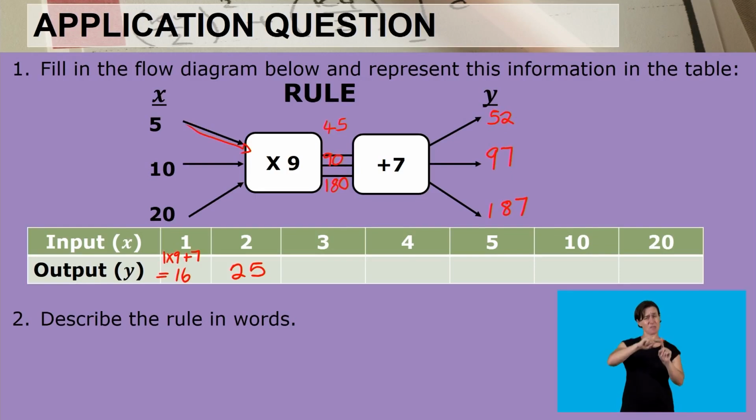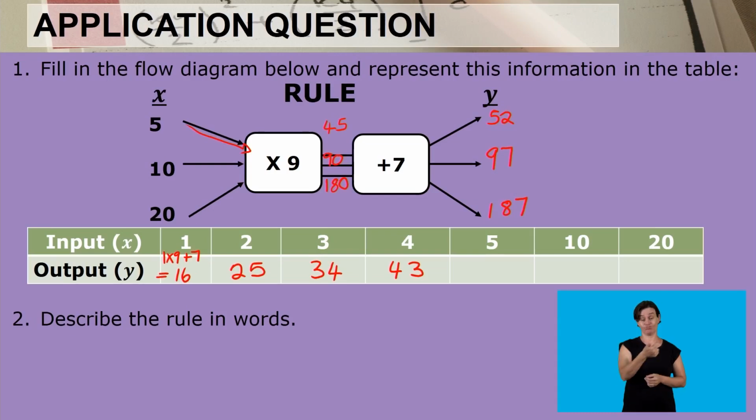And when we add 7 onto that, our answer is a 34. Then we are going to multiply the 4 as our input value by 9. Well, 4 multiplied by 9, that is giving us a 36. And when we add 7 onto that 36, we know our answer is going to be a 43.